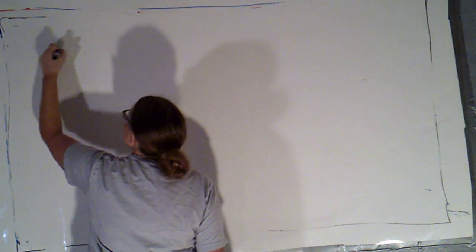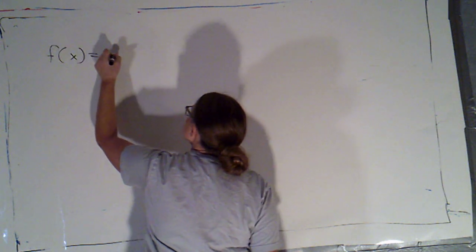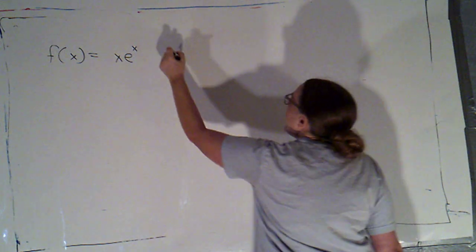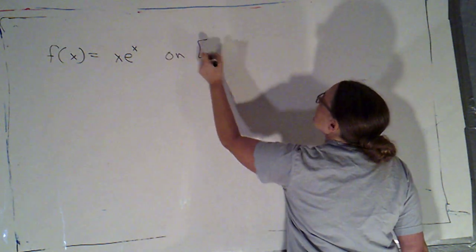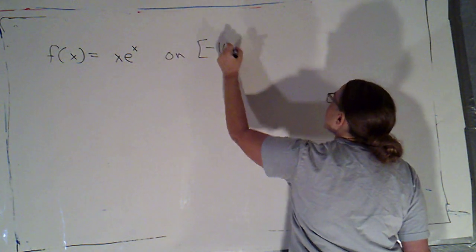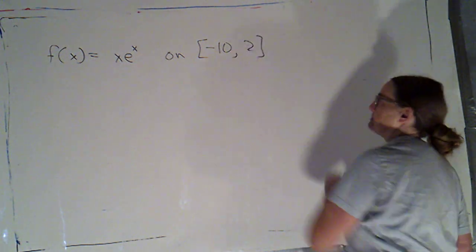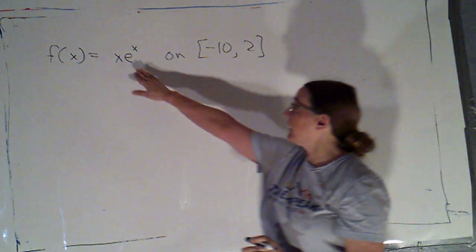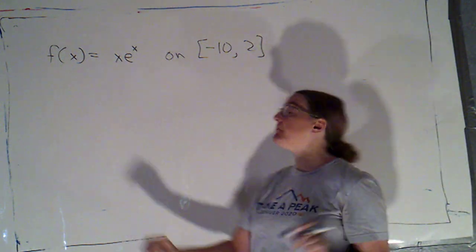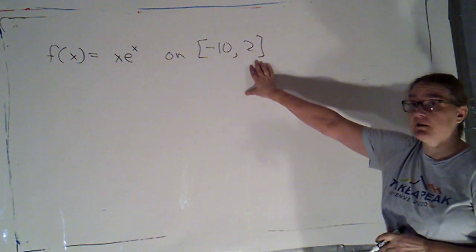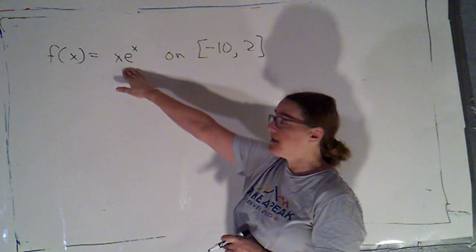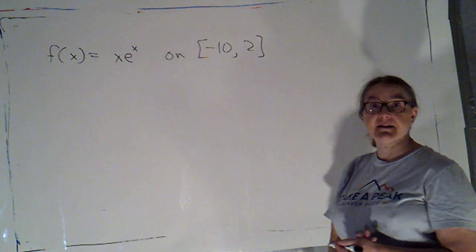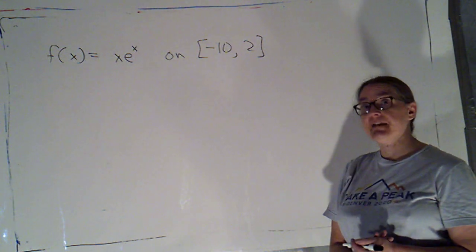So I'm going to take a look at the function f of x equals x e to the x on the interval from -10 to 2. So notice I'm restricting the domain. I'm not looking at the function on its natural domain, which would be all real numbers. I'm just looking at it on this finite closed interval. That's definitely a continuous function, so I know for sure that an absolute max and an absolute min exist. I'm going to find their location and value.